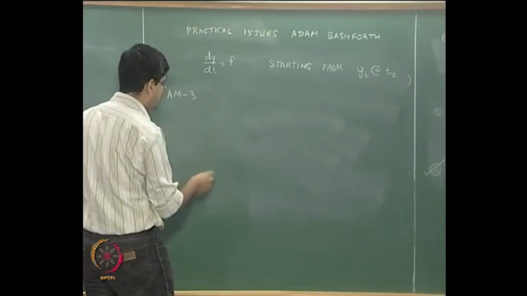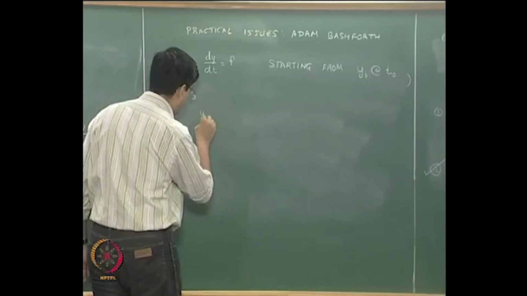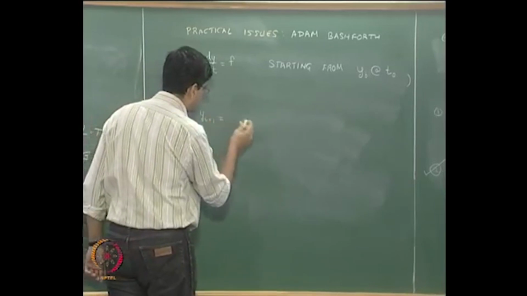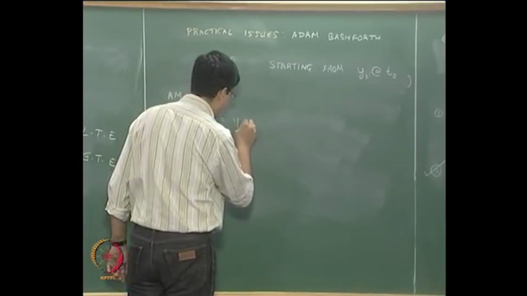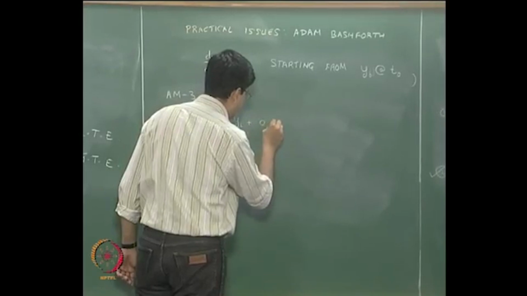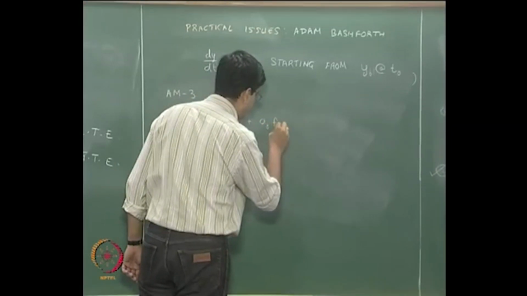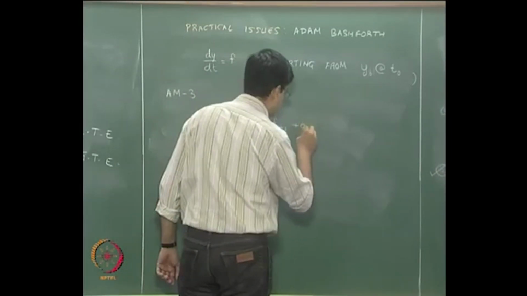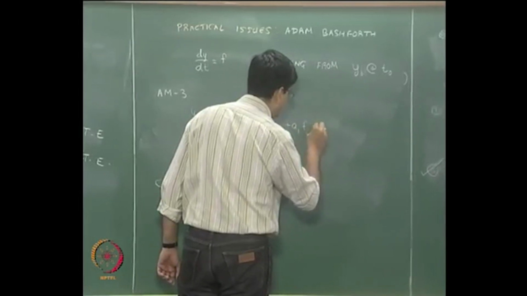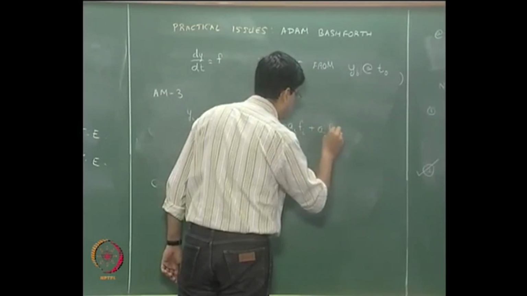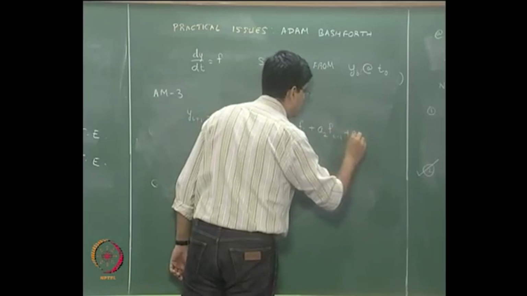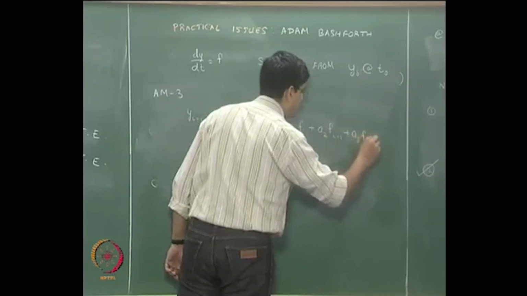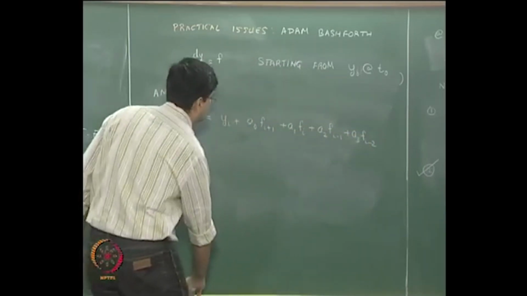Or sorry, AM3 will be written in the form of y i plus 1 is equal to y i plus h times a0 f i plus 1 plus a1 f i plus a2 f i minus 1 plus a3 f i minus 2.